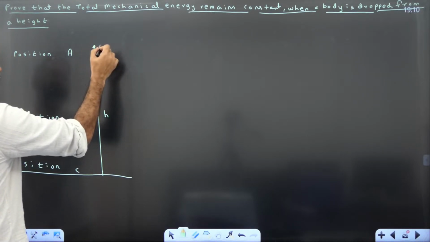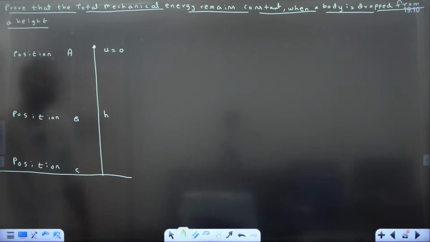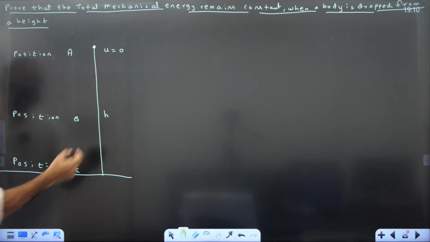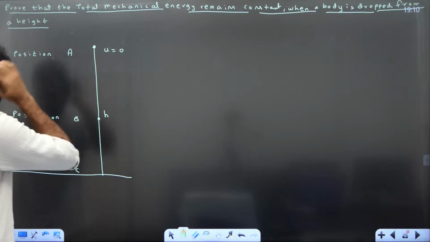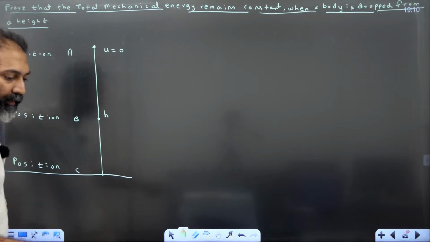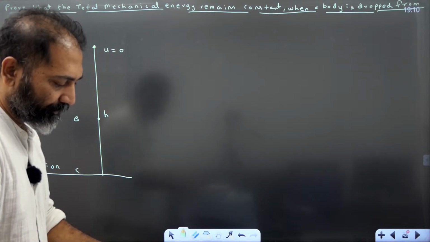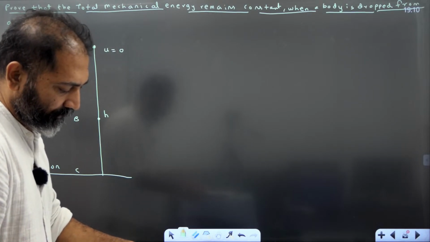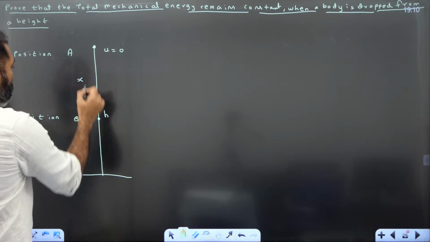A body is getting dropped from point A. So when it is dropped, initial velocity is 0. Let point B be at a distance x from A. The distance between A and B is x.